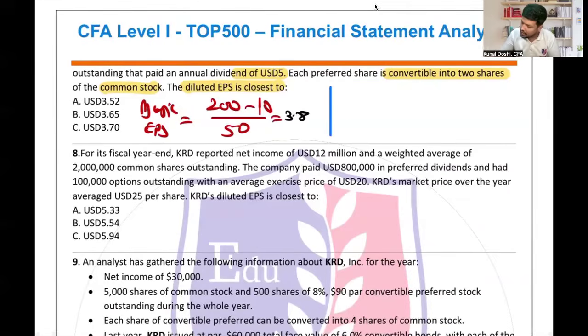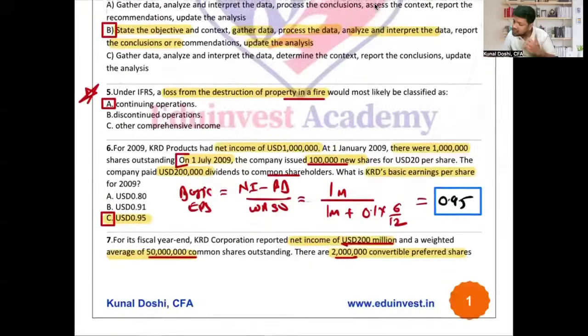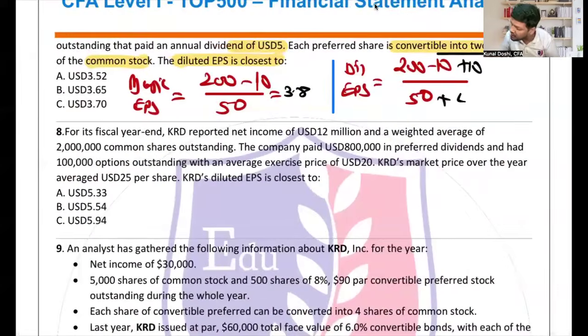Now let's look at the diluted EPS. In case of diluted EPS, I will again do the same thing, 200 minus 10 divided by weighted average. This is my technique. Whenever they say diluted EPS, you first put all the inputs of basic EPS, then make your life easy. Are the preferred shares convertible? Yes, they are convertible. So add back the preferred dividend and add extra shares, 2 shares of common stock for every preferred shareholder. I had 2 million preferred shares, so additional 4 million.